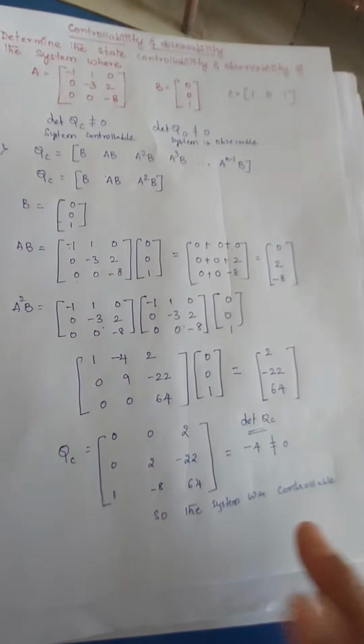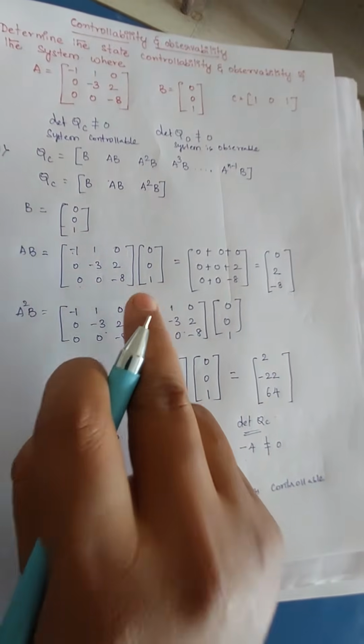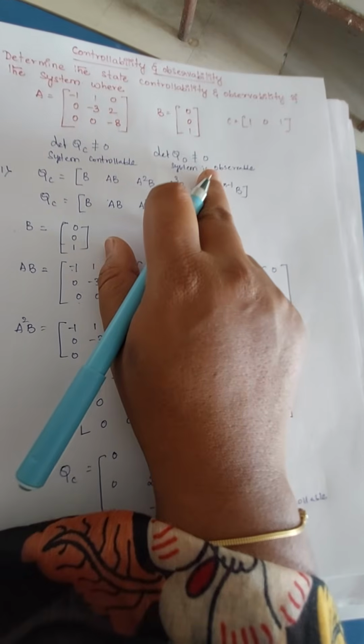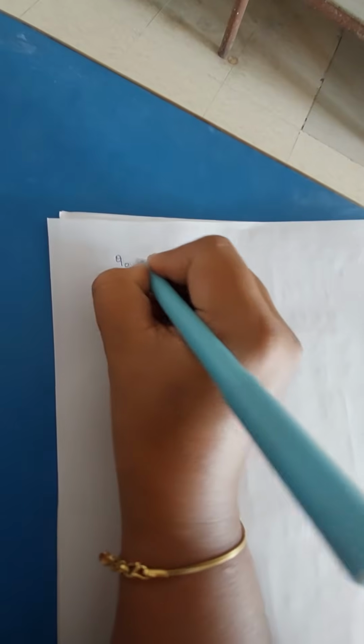Now, in a similar manner, we need to check the observability of the same system. For finding the observability, I am going to consider the observability matrix Q naught.